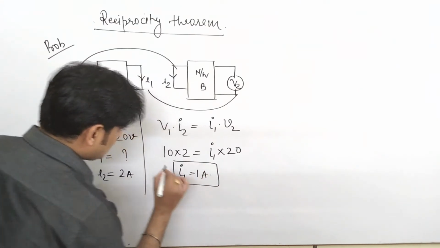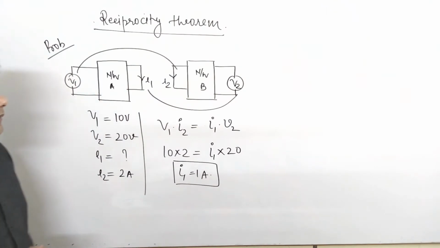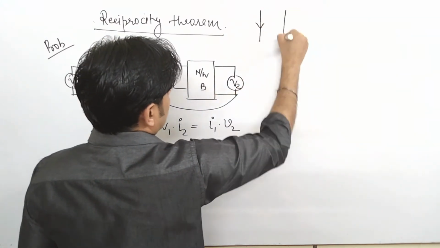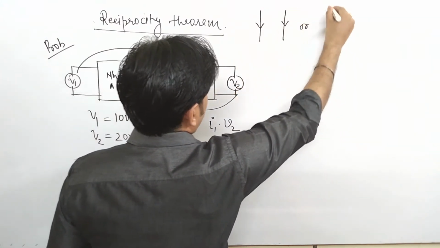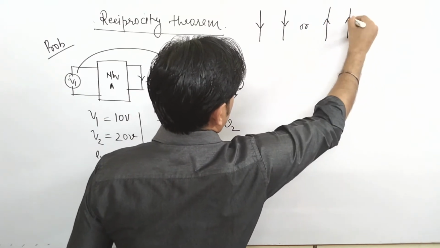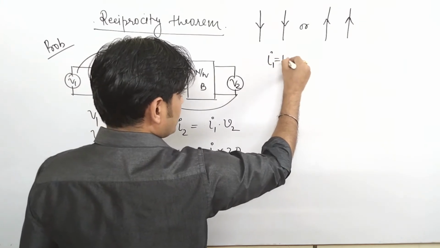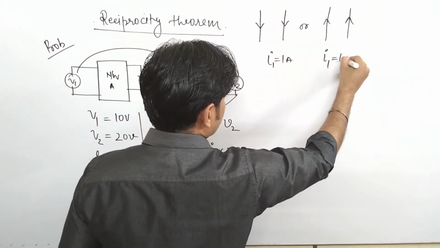As the directions of both currents are downward, it is positive. So just keep in mind, either it is downward or it is upward. Under this condition I1 is 1 ampere, here also I1 is 1 ampere.